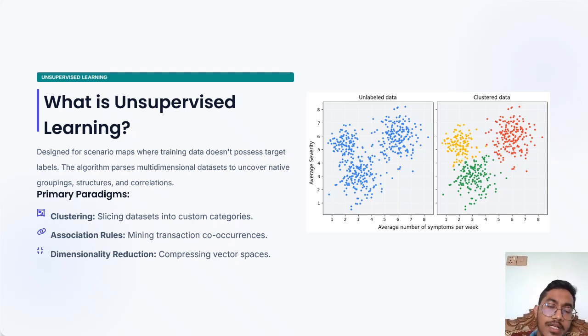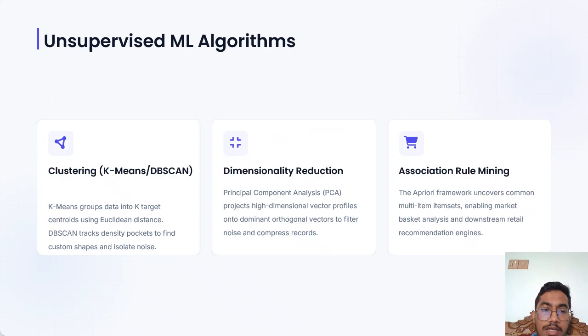After that it learns automatically and classifies all of this data. In this process there is clustering, which slices the data set into categories, and association rule mining, which mines transaction occurrences. Some unsupervised ML algorithms are clustering, K-means, DBSCAN, dimensionality reduction, and association rule mining.